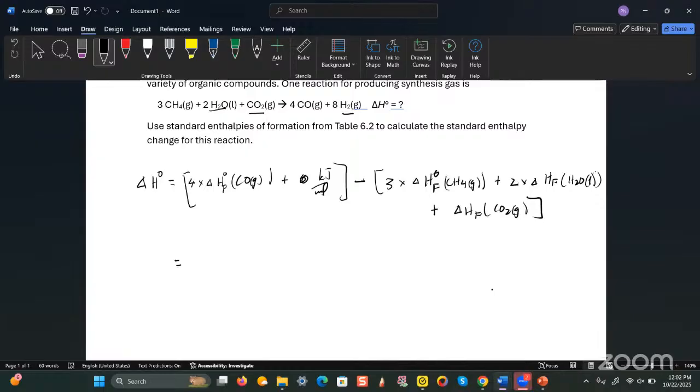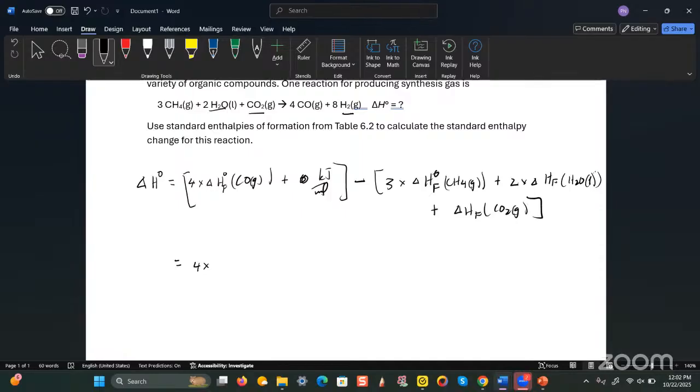So let's start off with the carbon monoxide. Can somebody tell me what the enthalpy of formation of carbon monoxide gas is? Or maybe somebody out there in Zoom land can help me out. The column immediately after the substances.